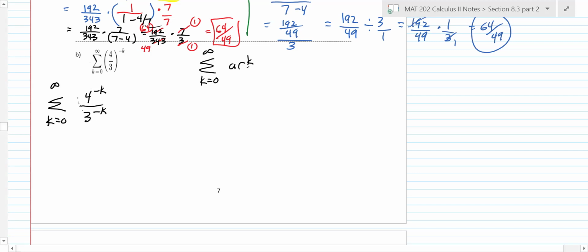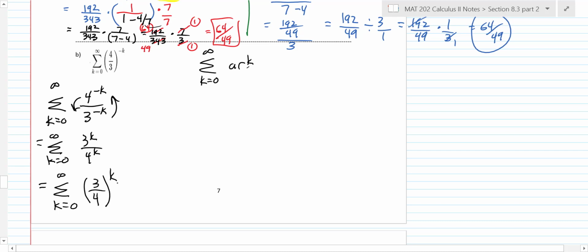You could move this to the bottom, and you could move that to the top. So what you would have is the series 0 to infinity of 3 to the k over 4 to the k, like that. Okay, now I'm going to write this one more step, and then that will give us how we want to rearrange this. So you can write that now as 3/4 to the k power. Now you could do that all in your head if you're comfortable with doing that.